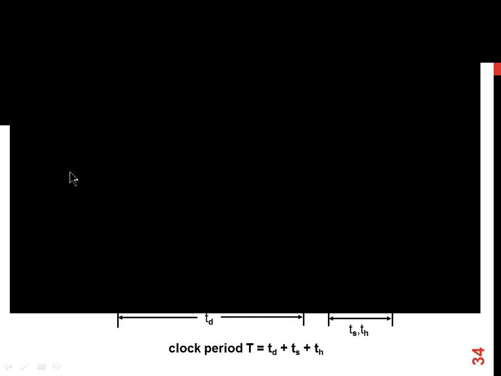Sequential circuits will always need a clock to work with, and the minimum clock period you need for your sequential circuit to work is the combinational delay of the circuit plus the setup time and the hold time of the flip flops. That's the bare minimum time you need for your clock period to make your circuit work. If your clock period is smaller than that value, your design will not meet timing.